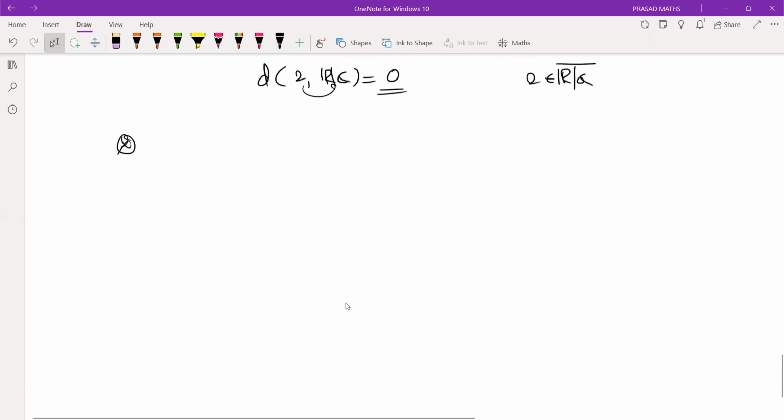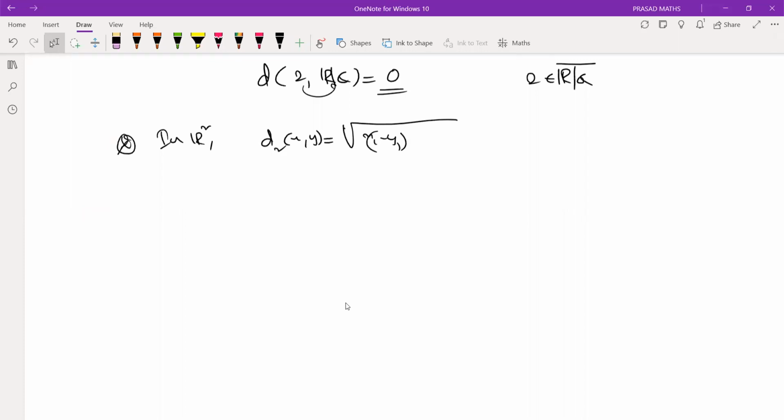Suppose you take R2 with respect to the D2 metric, right? In D2 metric, it is x1 minus y1 whole square plus x2 minus y2 whole square, under a square root. My set is the x-axis, and my point A is 1 comma 2.